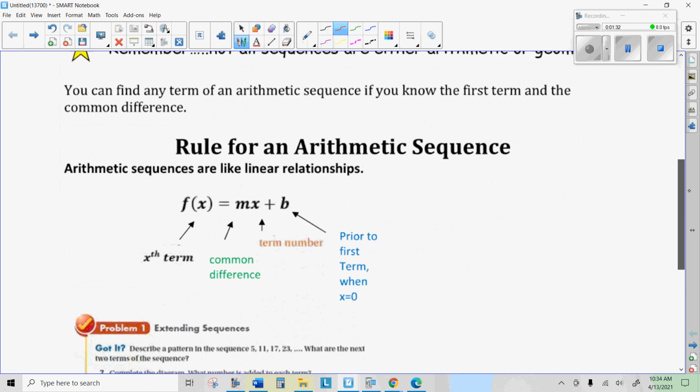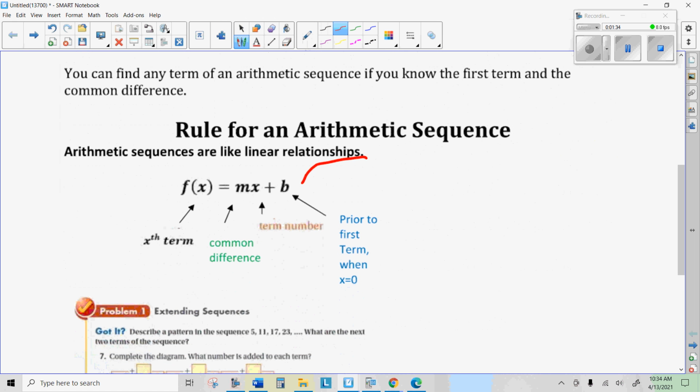All right, so you've seen this rule before. The common difference we call the slope, so how much you're adding each time. And since we're talking about consecutive numbers, let's say I have this sequence right here. I'll just do a really simple one: 2, 4, 6, 8. This is definitely an arithmetic sequence.